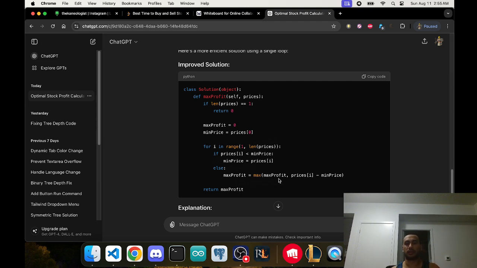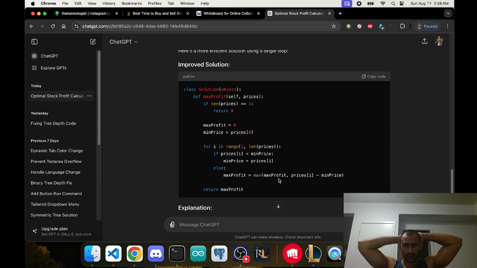So what this does is, if prices I, you do one pass, is less than the min price, you make the min price this. Else, oh, okay, so you make the min price is I. If it's less, okay.